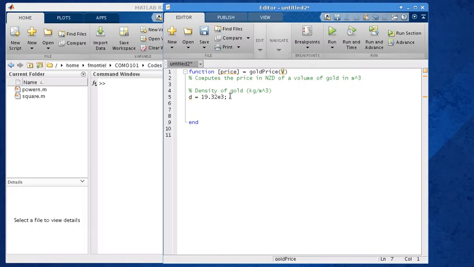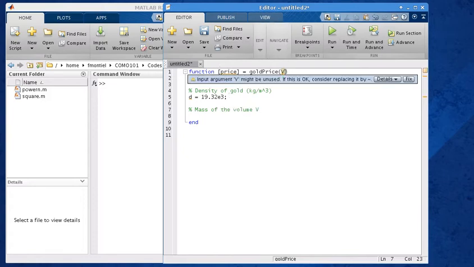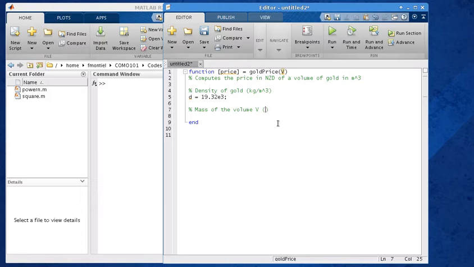Now knowing the density, we can get the mass easily, because the mass is simply the density times the volume. So the mass of gold, actually the mass of the volume V, because we want to find which mass has the particular volume that we have as an input, and that's going to be given in kilograms.